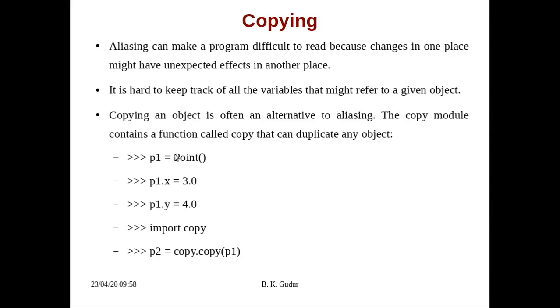For example, p1 is equal to Point, and let me initialize p1.x is equal to 3.0 and p1.y is equal to 4.0. To use the copy function, we should import the module copy: import copy, later p2 is equal to copy.copy(p1).